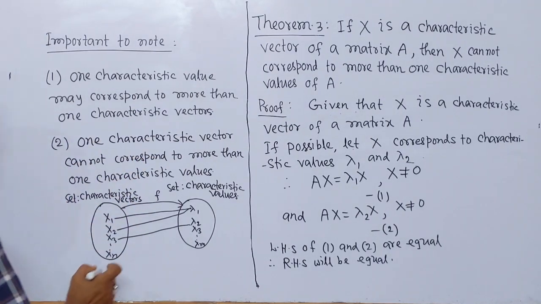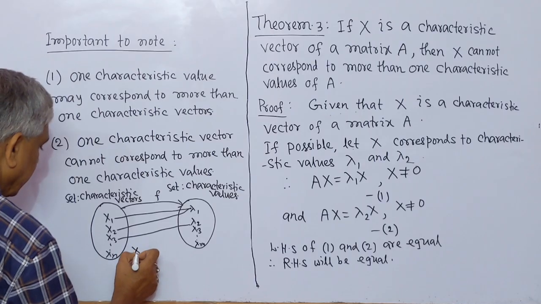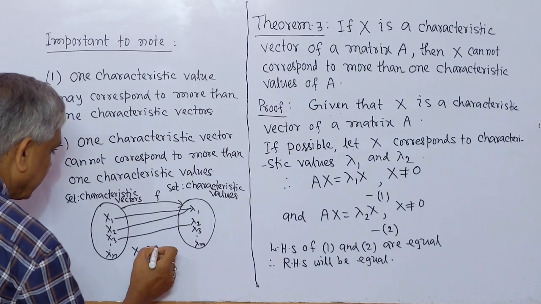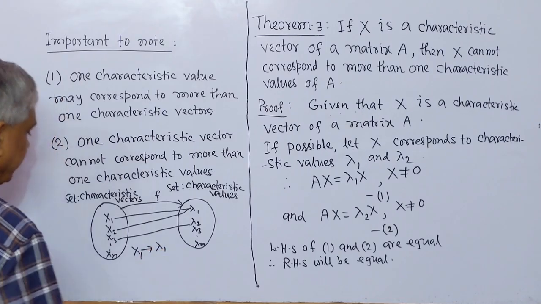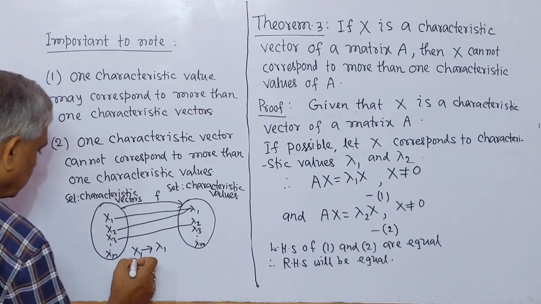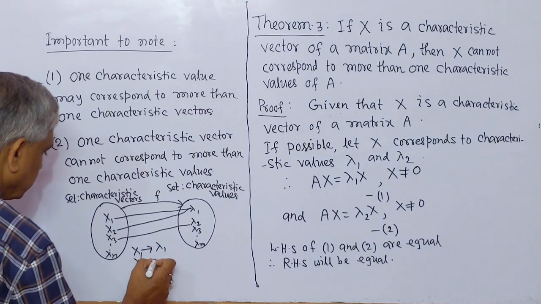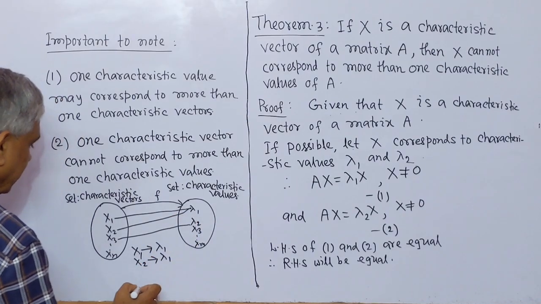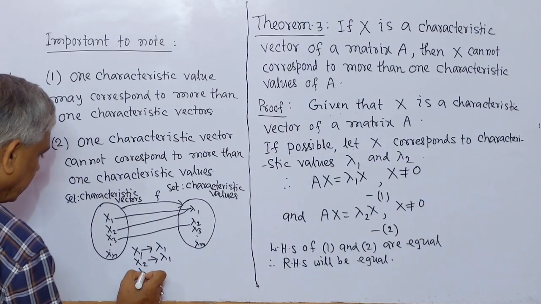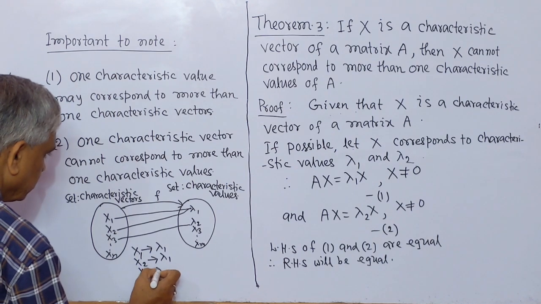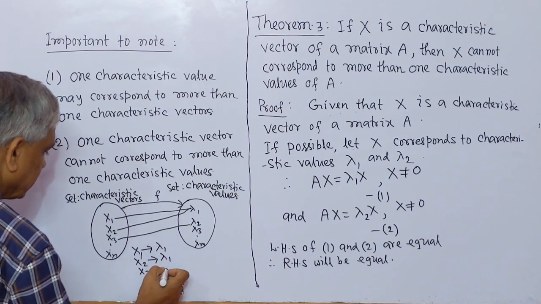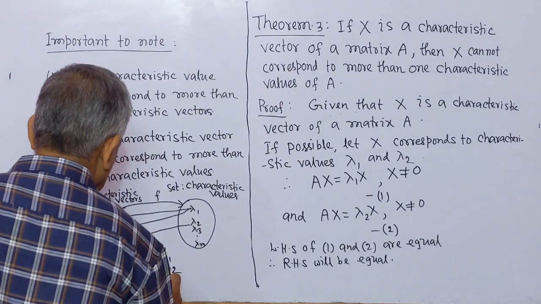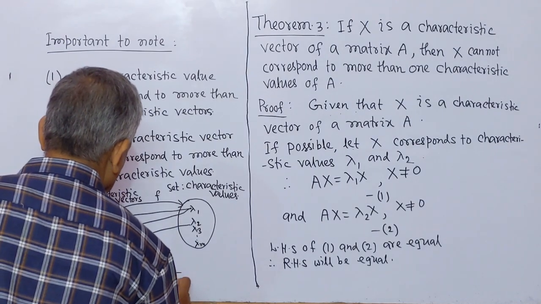But characteristic vector x1 corresponds to a single characteristic value lambda 1, x2 corresponds to a single characteristic value lambda 1, x3 corresponds to a single characteristic value lambda 2, and so on.